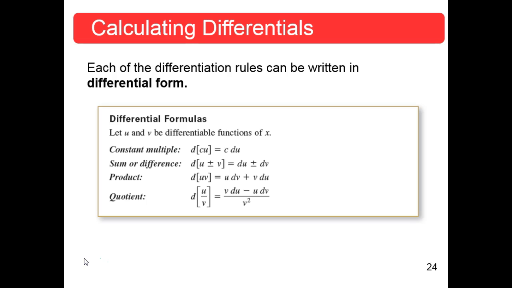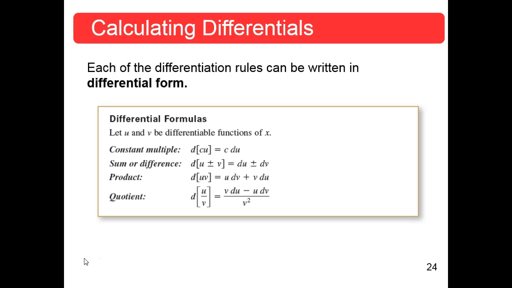And this would have been d of u of x plus or minus v of x, the derivative of that with respect to x would be du dx plus or minus dv dx. We just had a dx in there. Product rule, same as before: d of uv is u dv plus v du.